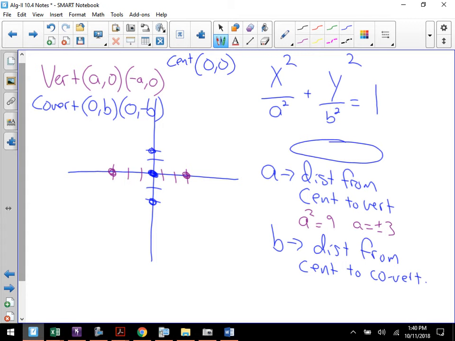The last part that we don't have in the formula is how do you find the focus? The focus in this case, we label it with the point C. And this is where ellipses can get a little weird. Foci are found because of this formula.